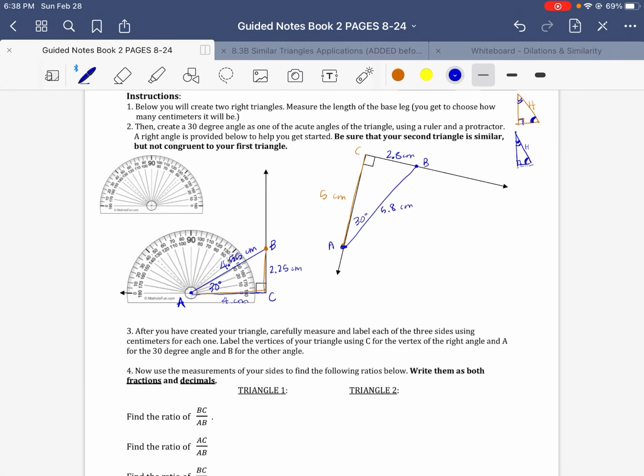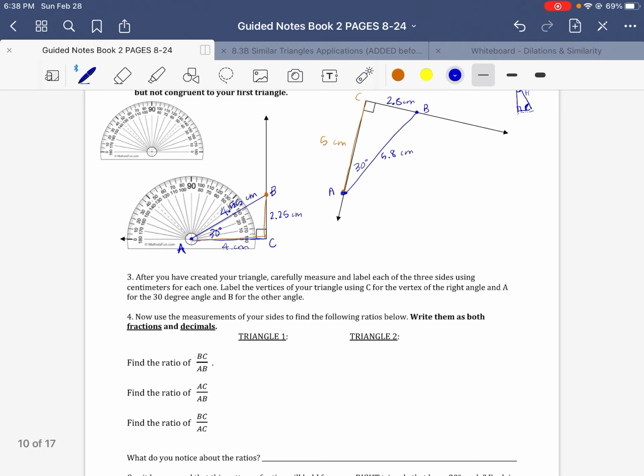So I'm going to zoom out just a little bit so I can keep my triangles on here. This says now number 4. Now use the measurements of your sides to find the following ratios, write them both as fractions or decimals. So the first one asks us to look at BC and put it over AB. Well, B to C in my first triangle is this length right here, so that would be 2.25, and I'm going to put it over the length AB.